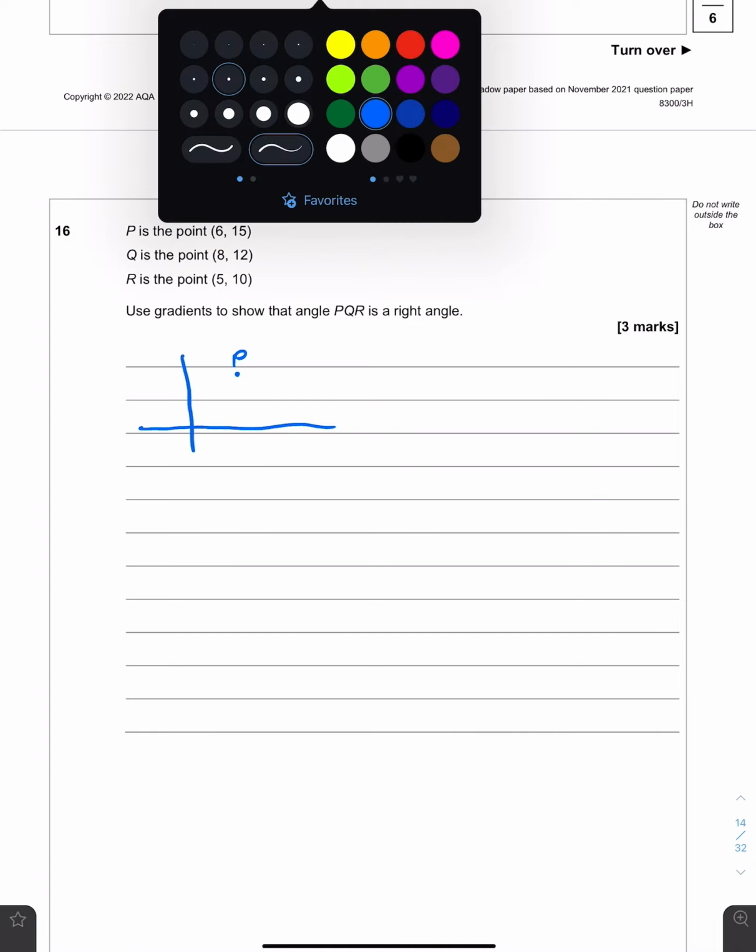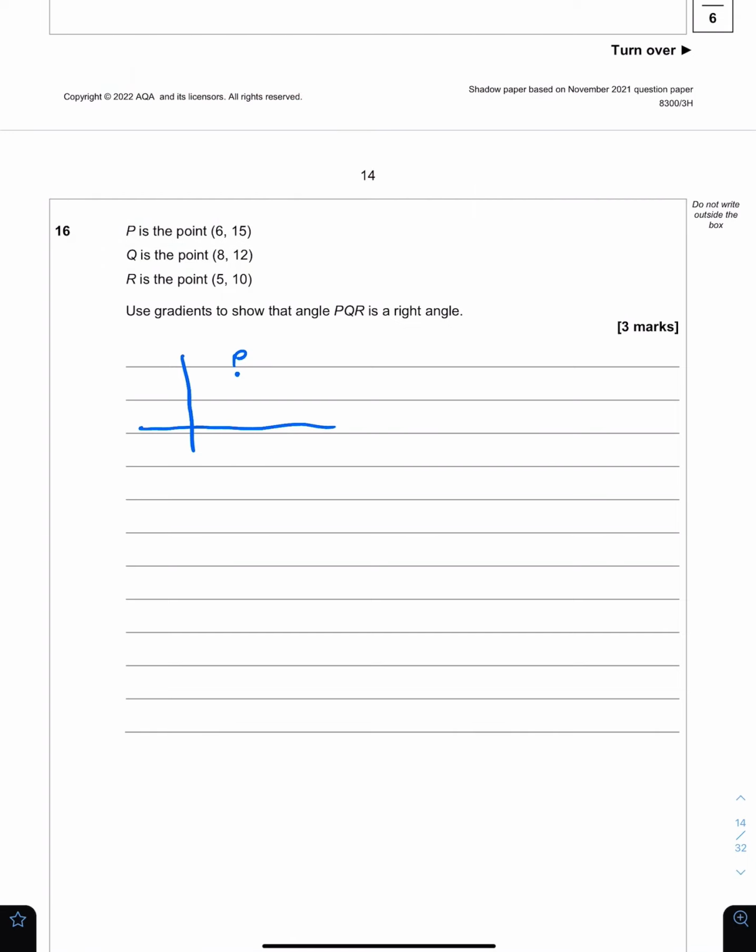Let's do it in different colors actually. (8, 12) is a bit more across, because 8 is more than 6, and 12 is not as high, so like here. So that's Q, and then R is (5, 10), so 5 is obviously less than 6 and 8, so it's to the left. And 10 is less than the 12, so it's going to be somewhere even lower, something like this.